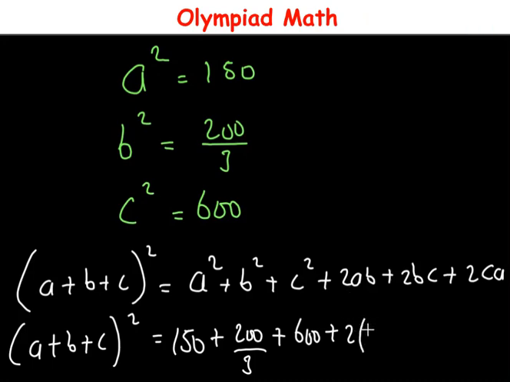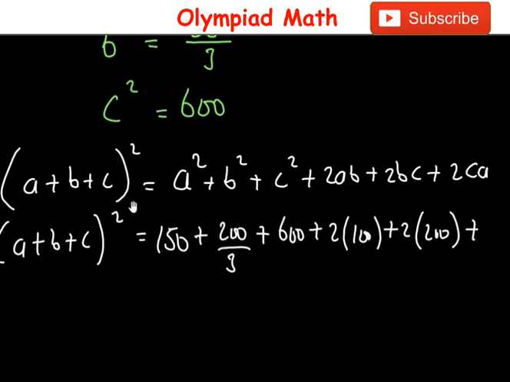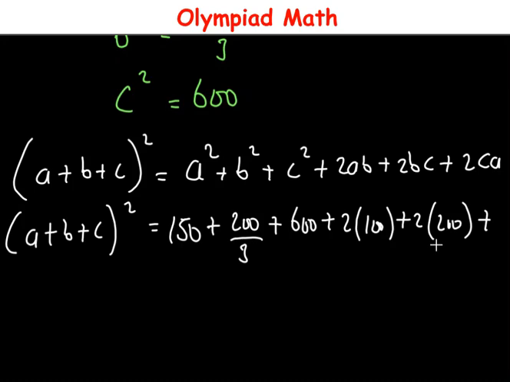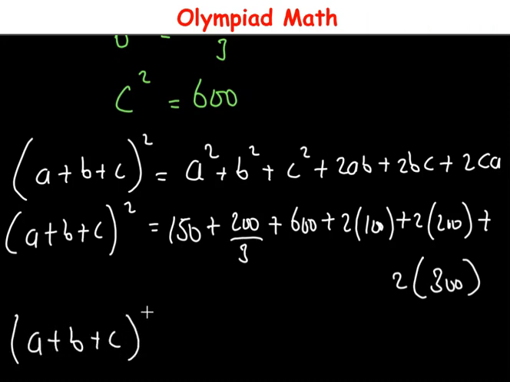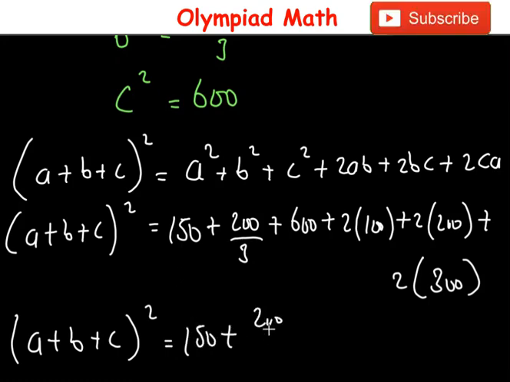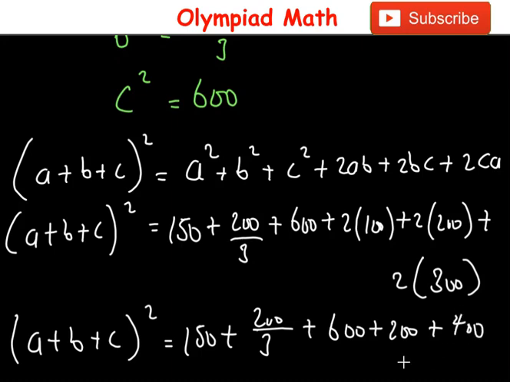The value of AB is simply 100, then plus 2 times the value of BC which is 200, plus 2 times the value of CA which is 300. From this, we have A plus B plus C all squared equals 150 plus 200 over 3, then plus 600 plus 2 times 100 is 200 plus 2 times 200, 400 plus 2 times 300, 600.